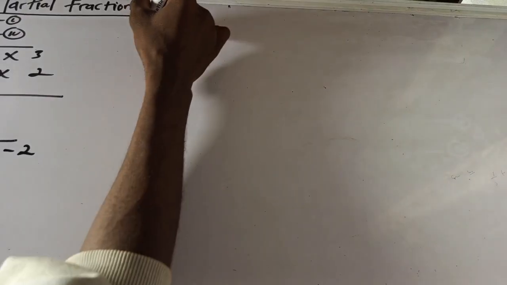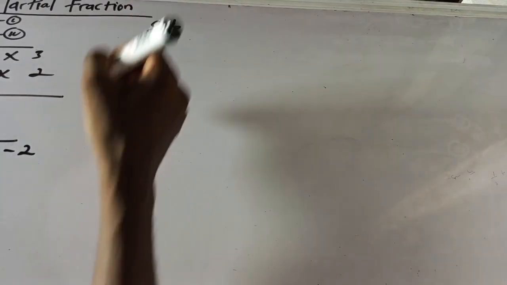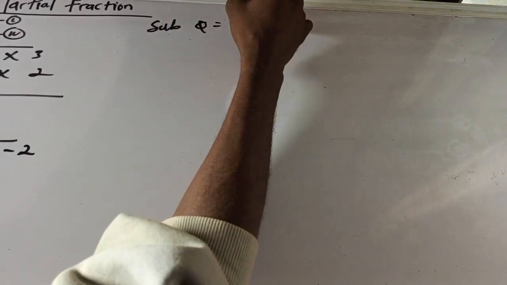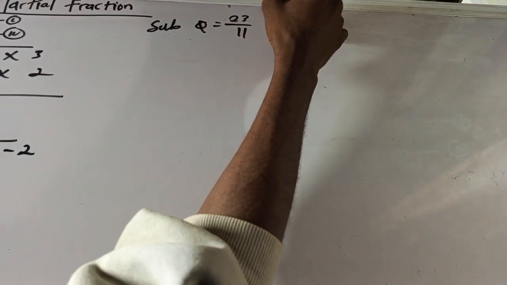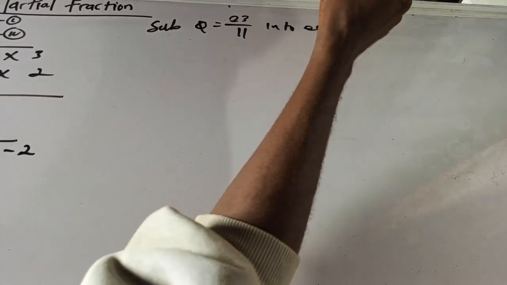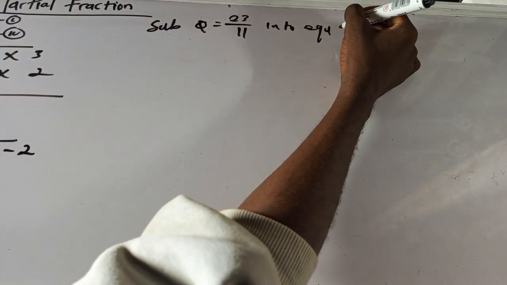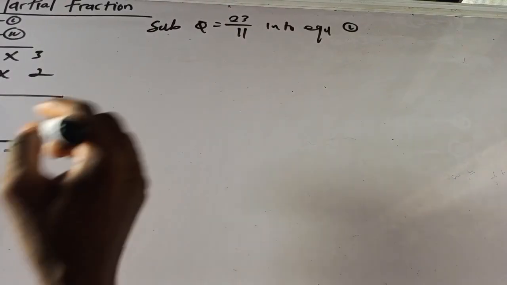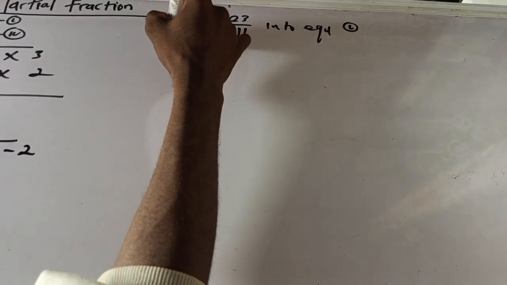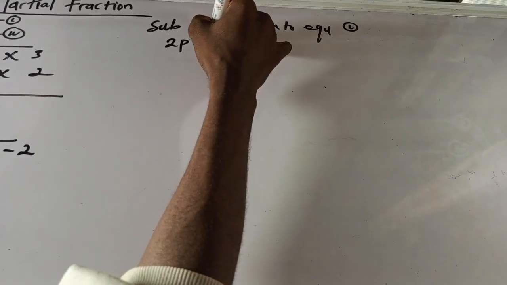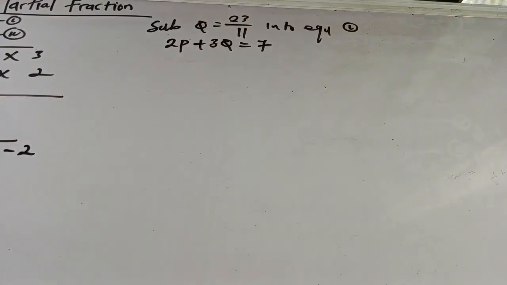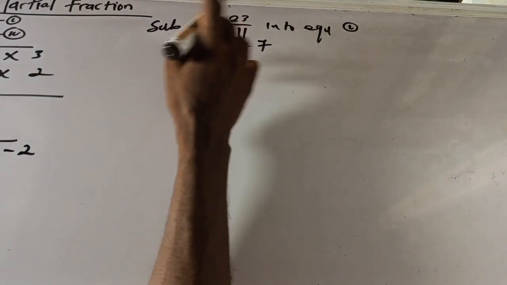So I can say substitute the value of my q, which is equals to 23 over 11 into equation 1. And what's my equation 1? My equation 1 is giving us 2p positive 3q is equals to 7. This is my equation 1. So we want to solve for the value of p.